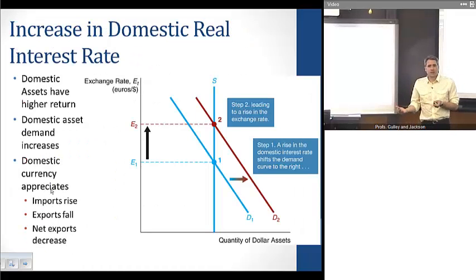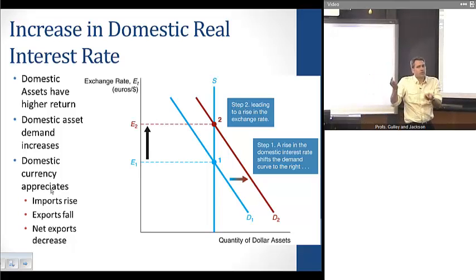So let's look at some quick examples here. This is an example of an increase in the domestic real interest rate. And so the basic story here is that if there's an increase in domestic real interest rates, the assets that we hold, they're going to become more valuable. The return on those are going to increase. Because of that, people are going to increase the demand for domestic assets relative to other countries, right?